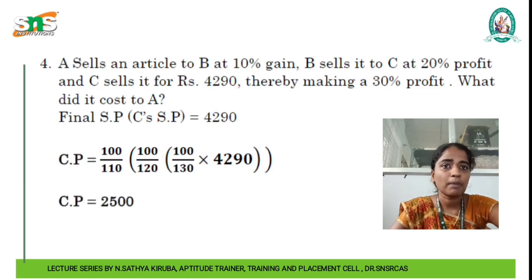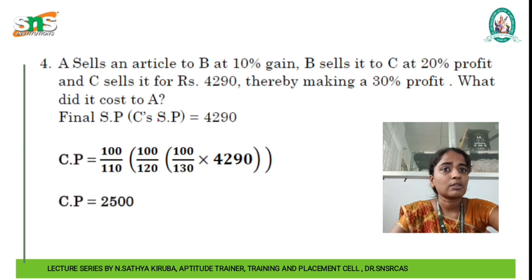Now the problem: A sells an article to B at 10% gain, B sells to C at 20% profit, and C sells it at a selling price of 4,290, thereby making 30% profit. How much did A sell it for? Just apply the formula here. Cost price is 100, and you just multiply: 10 by 100, 20 by 100, 30 by 100, into 4290.